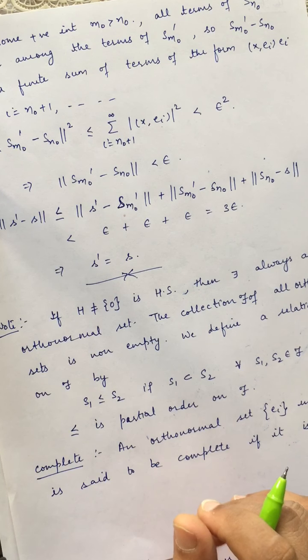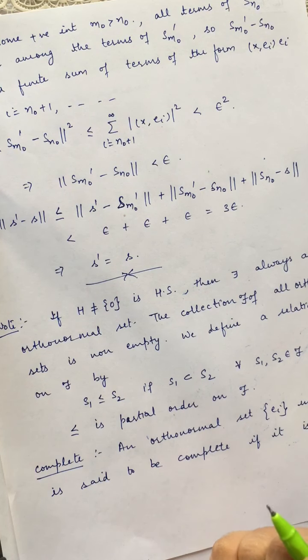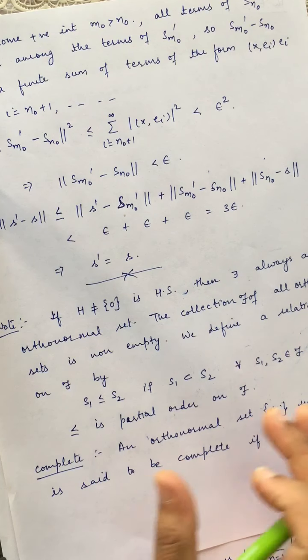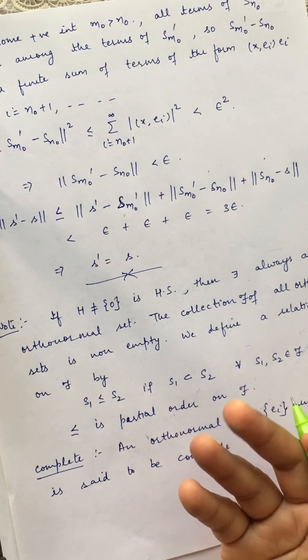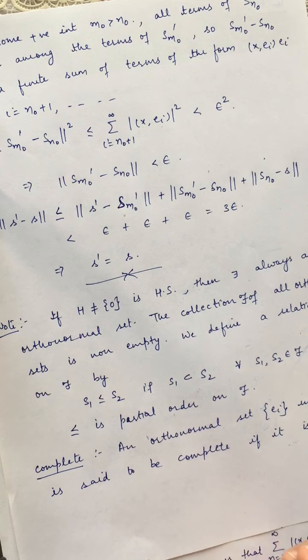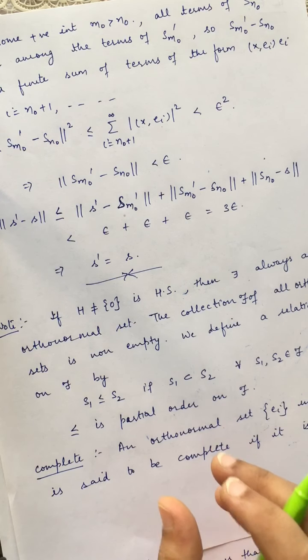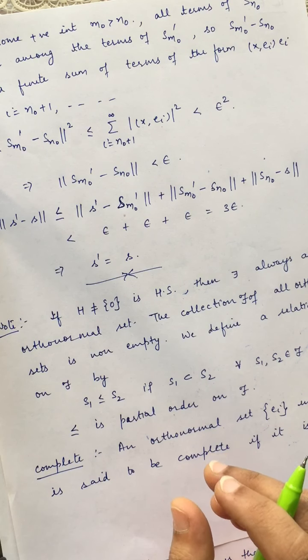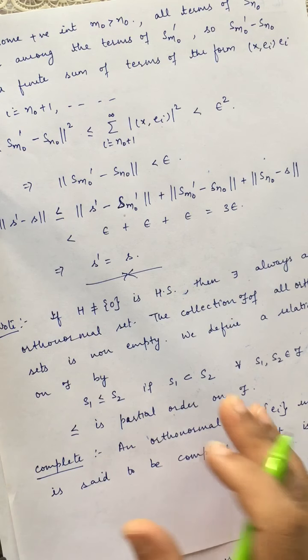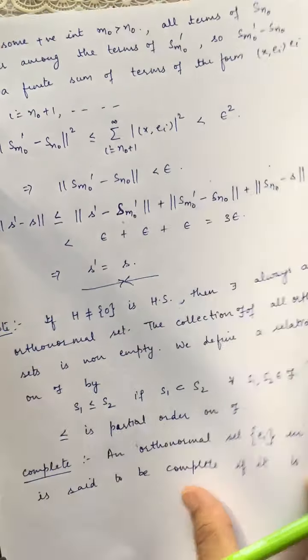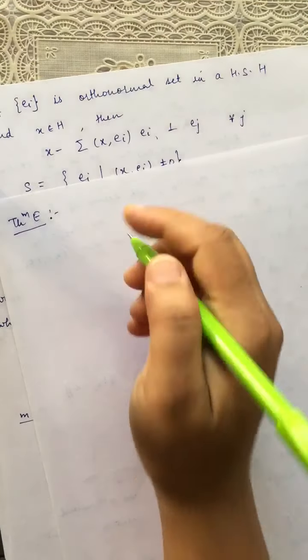So we can apply Zorn's lemma, which says there exists a maximal element in this collection F, and that maximal element is our complete orthonormal set, because by Zorn's lemma it is maximal. So it is impossible to add any other vector to this orthonormal set, and that orthonormal set is our required complete orthonormal set. So that you can write yourself.